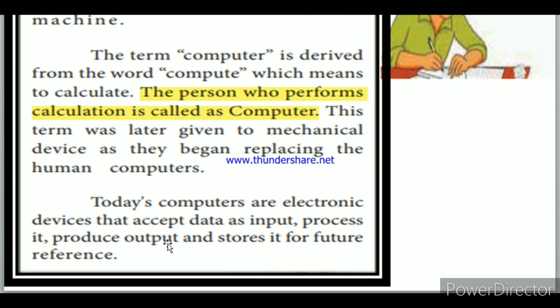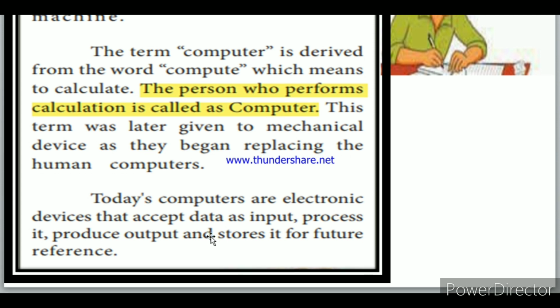But today computers are electronic devices that accept data as an input, process it, produce the output and store it for future reference. So this is the thing we are seeing in the data and information. Let's see the summary. Here we have seen the topic data and information.